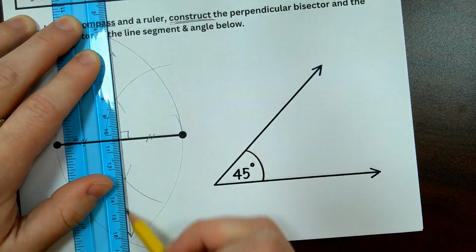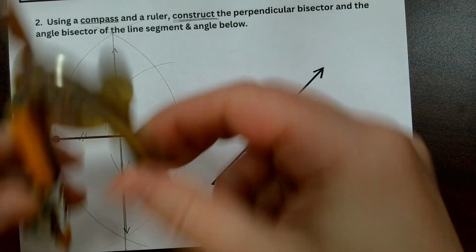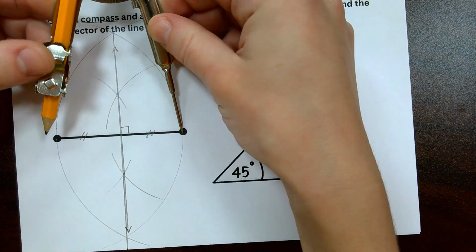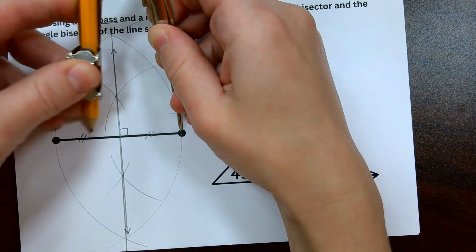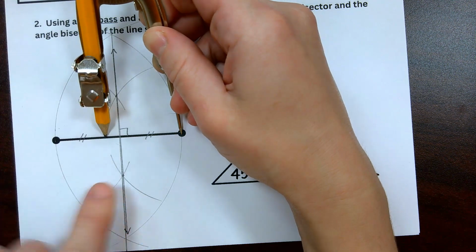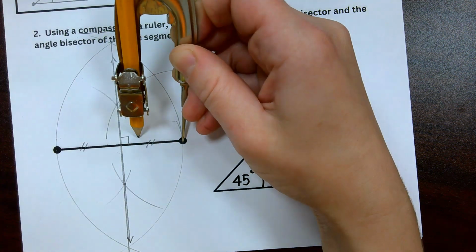Right about the same. So you could do it either way. You could do it from endpoint to endpoint, or you could make it a little smaller to save space on your paper. Just make sure that you don't make it less than half.